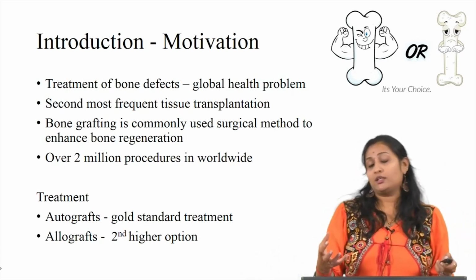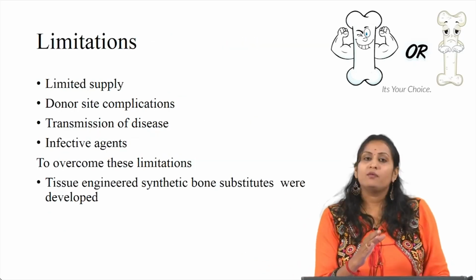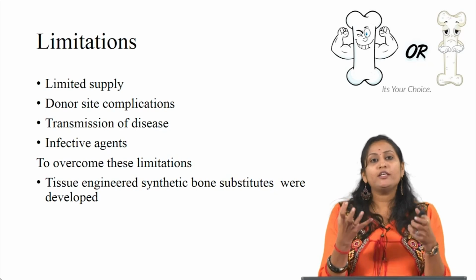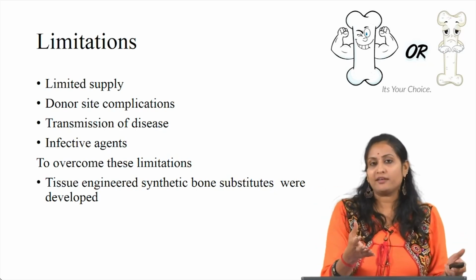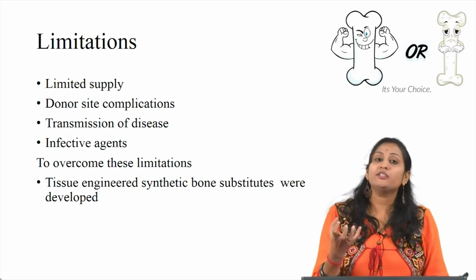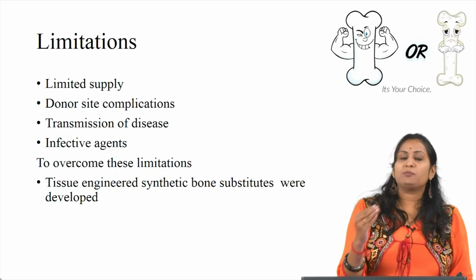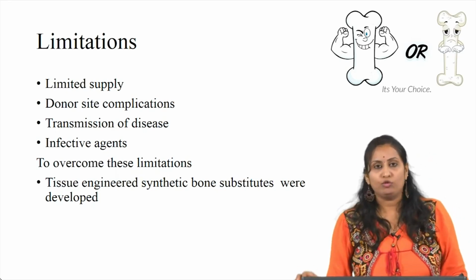It also leads to nerve injuries at multiple harvest sites due to surgeries. Whereas in cases where we need a large amount of tissue to be transplanted, it cannot be done using the autograft procedure because the availability of the tissue is limited. Whereas allografts are associated with pathogen transfer and also immune rejection.